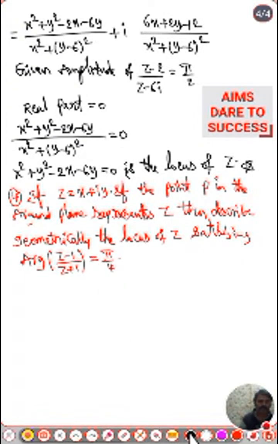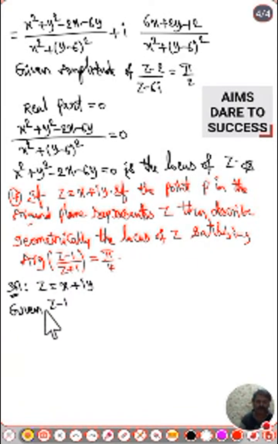This is the problem. Okay, first of all, given z is equal to x plus iy, and next the given value is arg of (z minus 1) by (z plus 1).